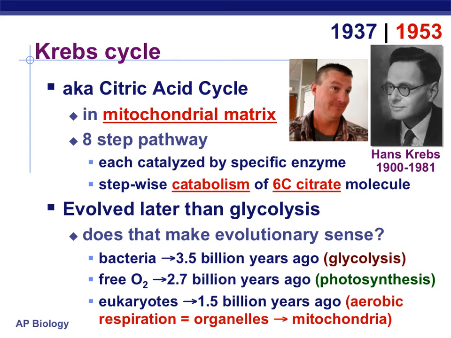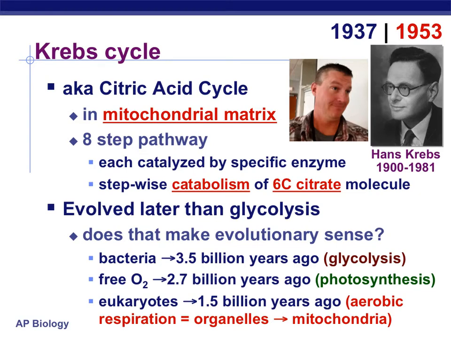Besides glycolysis, protein synthesis and DNA replication are processes that all life or organisms share. So the genes that code for those enzymes are highly conserved from organism to organism throughout evolutionary change over time. They're a good measure for evolutionary studies.